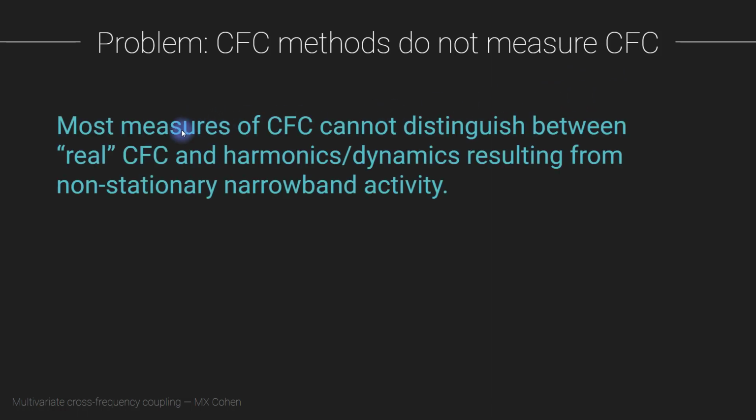In fact, most of the measures of univariate cross-frequency coupling, and univariate just means that you're looking at cross-frequency coupling within the same channel, within the same signal, cannot really distinguish between real, physiological, biological cross-frequency coupling, and harmonics or dynamics resulting from non-stationary narrowband activity.